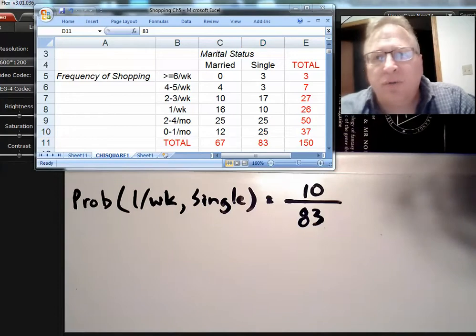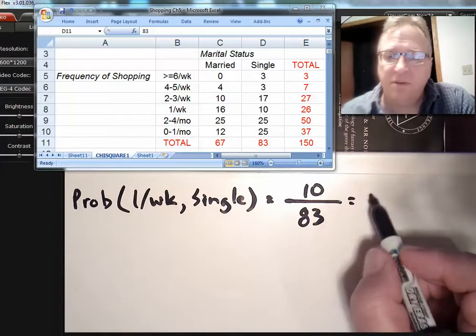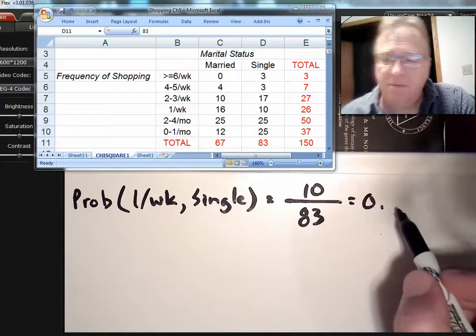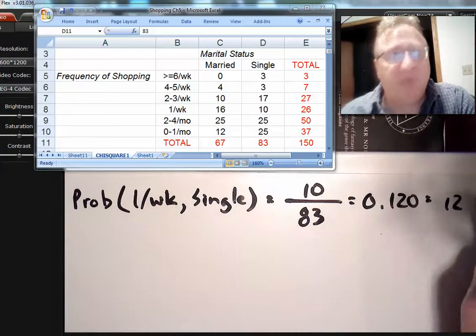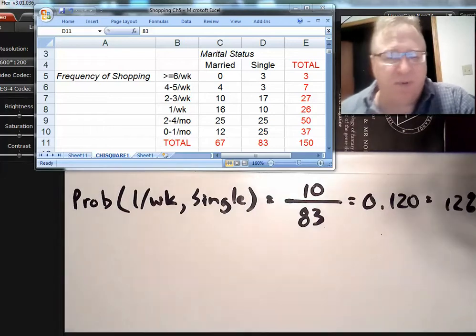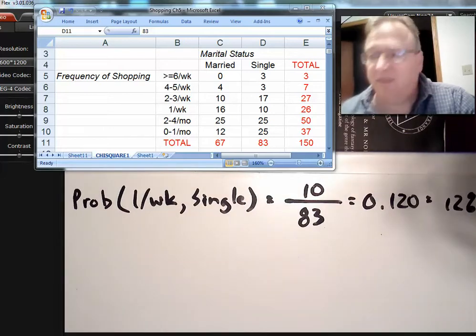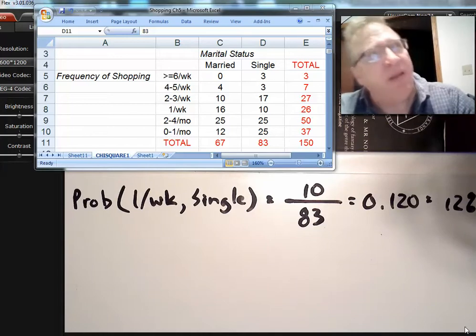And so we punch the numbers into our fancy calculator. And what do we find? We have roughly 12% of single people reported they go once per week. That's the probability. What does probability really mean?